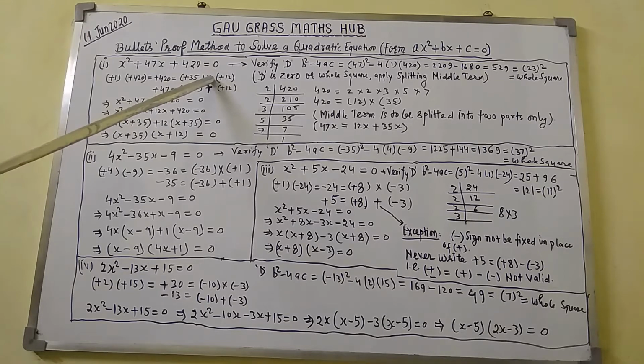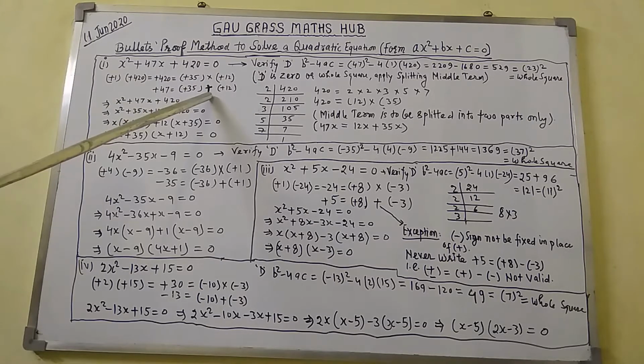Here the multiplication sign is fixed. Here the plus or minus sign will be there depending upon this factor. If you get 35 plus 12, you will get this factor. Now write, implies the original quadratic equation, x square plus 47x plus 420 equals 0. Now you can see the middle term is plus 47x.